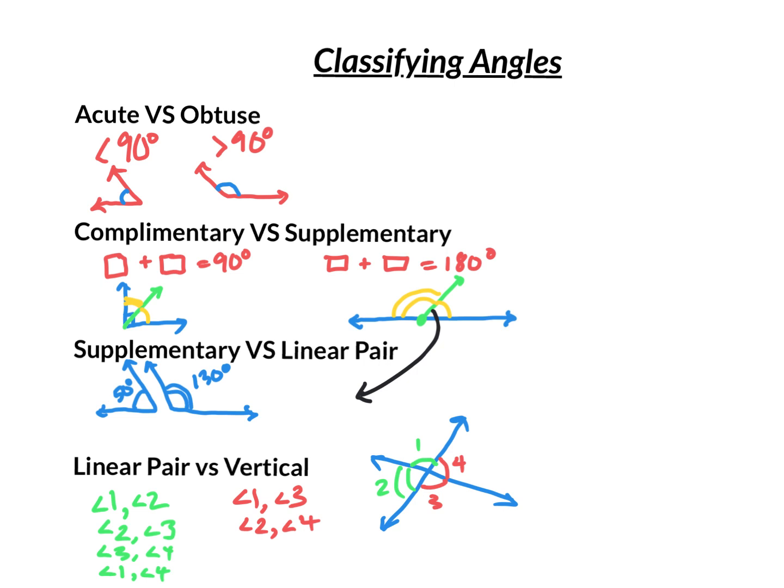Okay, so are they on the same side of the line making up 180, or are they across from each other? Now, looking ahead to some solving, linear pairs, whatever the two of them are, they add up to 180, they're supplementary, whereas vertical angles, whatever those are, are equal to each other.